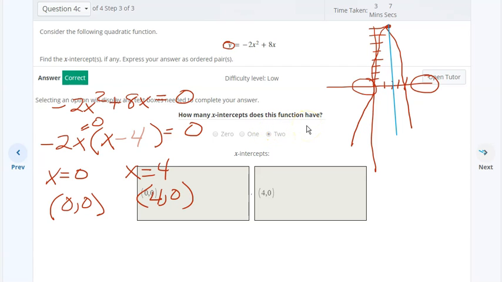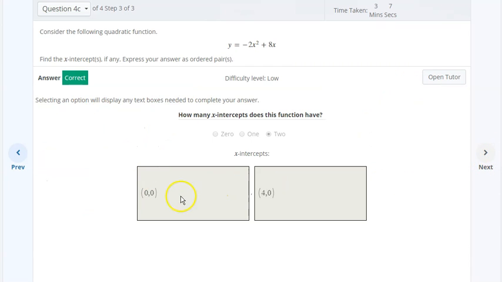So when we go to the next stage here, and they ask us how many x-intercepts does the function have, well, we did a little picture here, and we said that there were 2. And then they asked us to actually find them, that is, solve that equation. If y is 0, what would be your coordinates? Well, there they are. We have found the zeros. And I'll erase that so you can see it a little bit better.